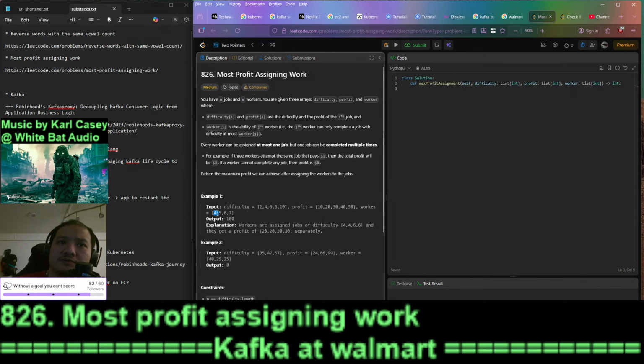So each worker can only do this difficulty. You want maximum profit. So 7 can only do these, and out of these, 30 is the max.